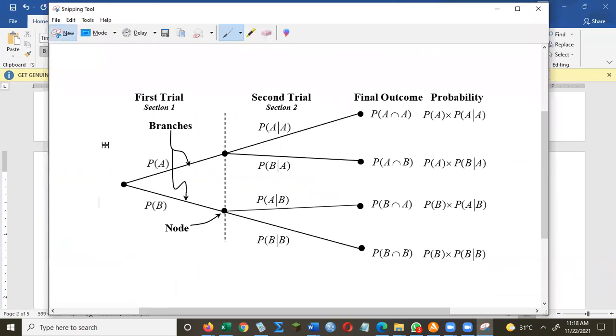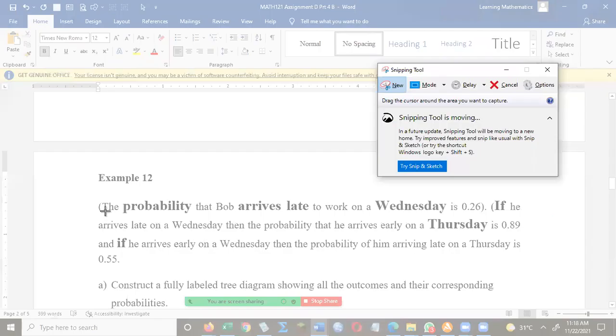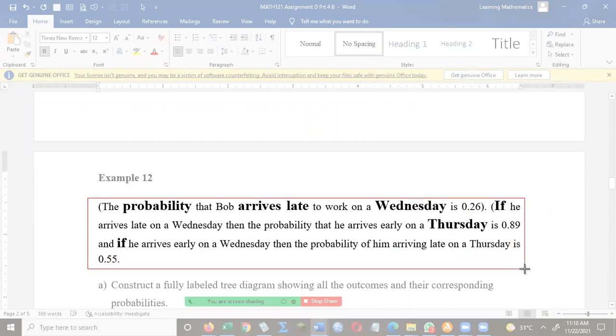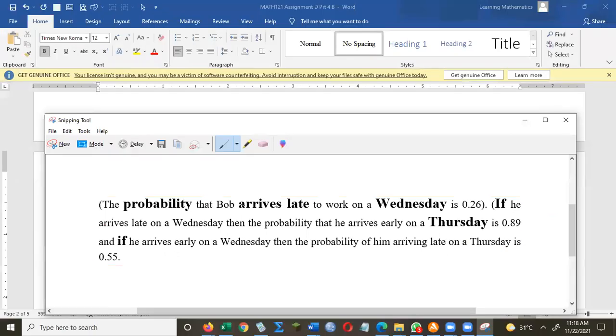So this information, you see, is a lot of words. Although you see some numbers, they're like 2, but everything there can be converted to words. The probability 0.26 can be written as zero point two six.